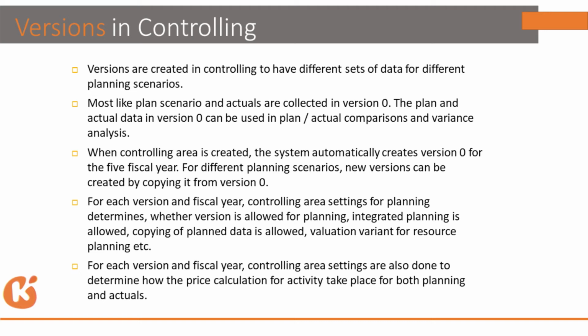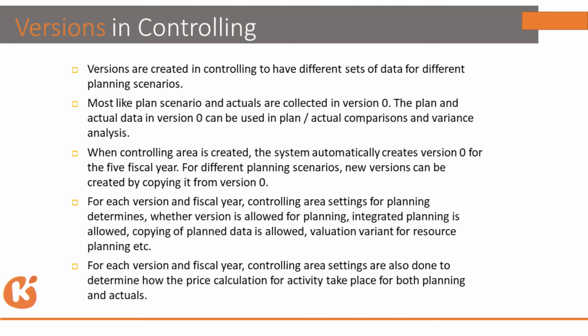There is a version 0, which is created by default. We need to activate this version 0 for our controlling area and also for the fiscal year. Like we are in 2022, if we create a new controlling area, then we need to activate version 0 for our new controlling area and for this year 2022.